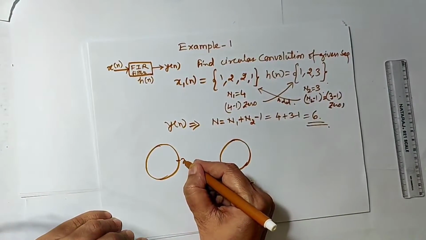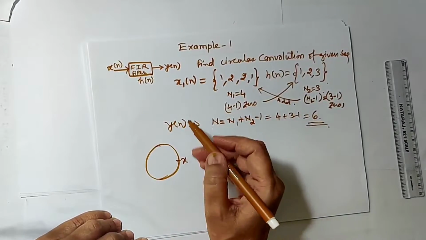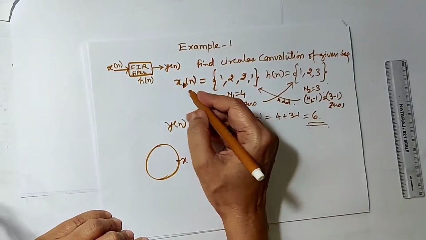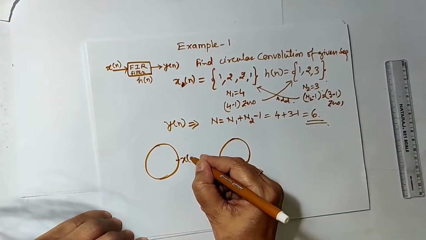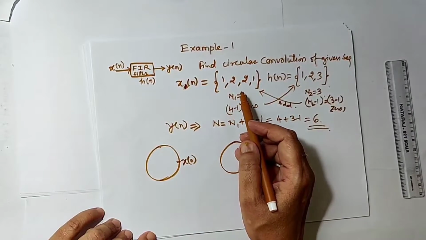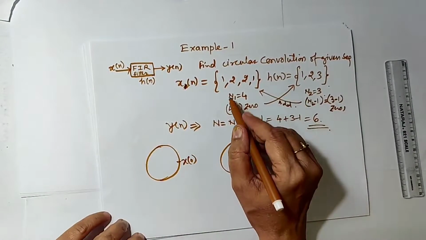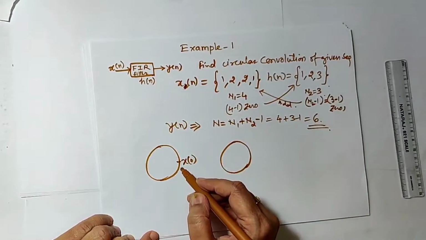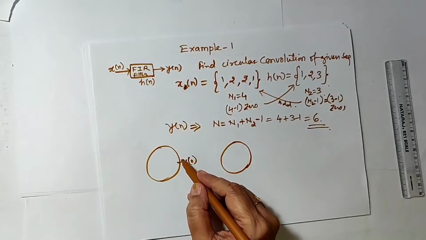I take this xn, simple. So we'll take x0, then 6 parts of the circle, dividing the circle into equally distributed samples.